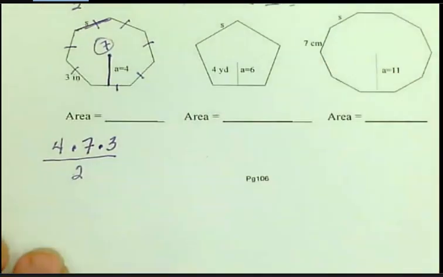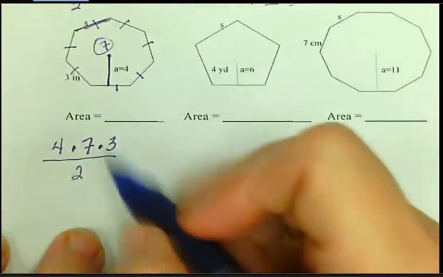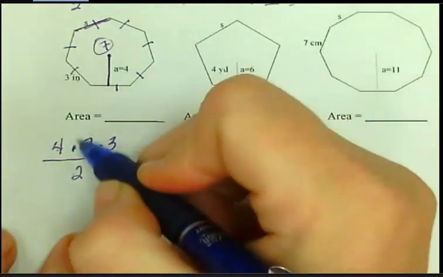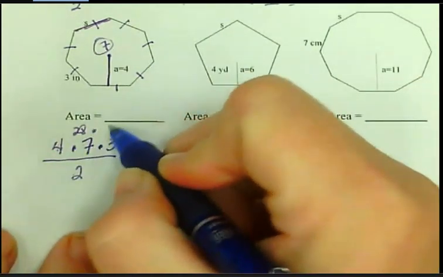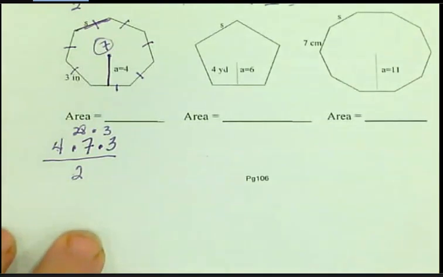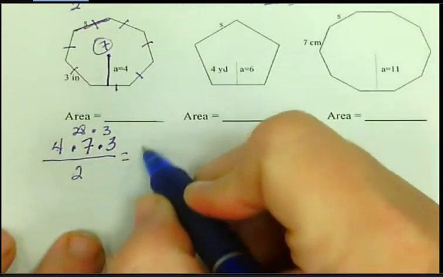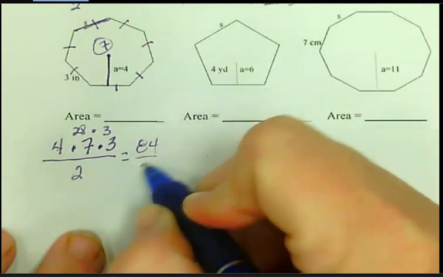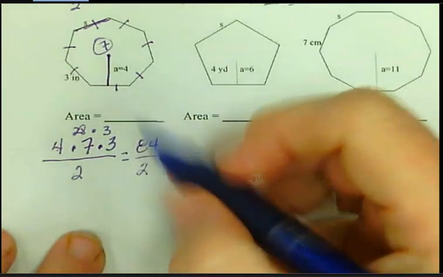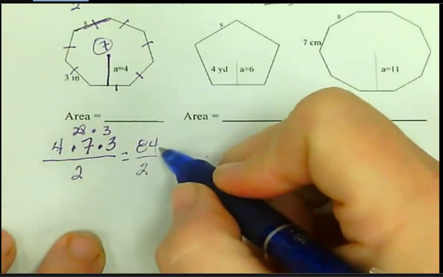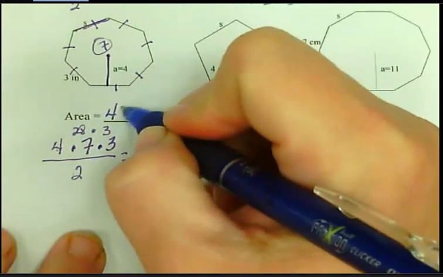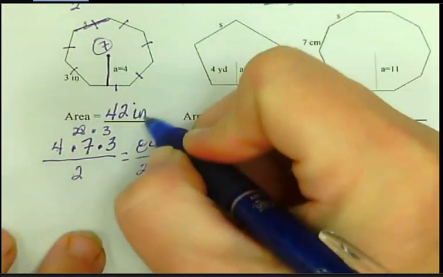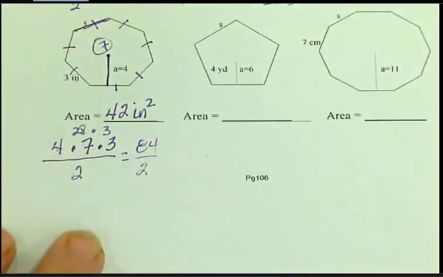So 4 times 7 is 28. Times 3, so I'm going to use my calculator. 28 times 3 is 84 divided by 2. Well, that is going to be 42. So 42 square inches.